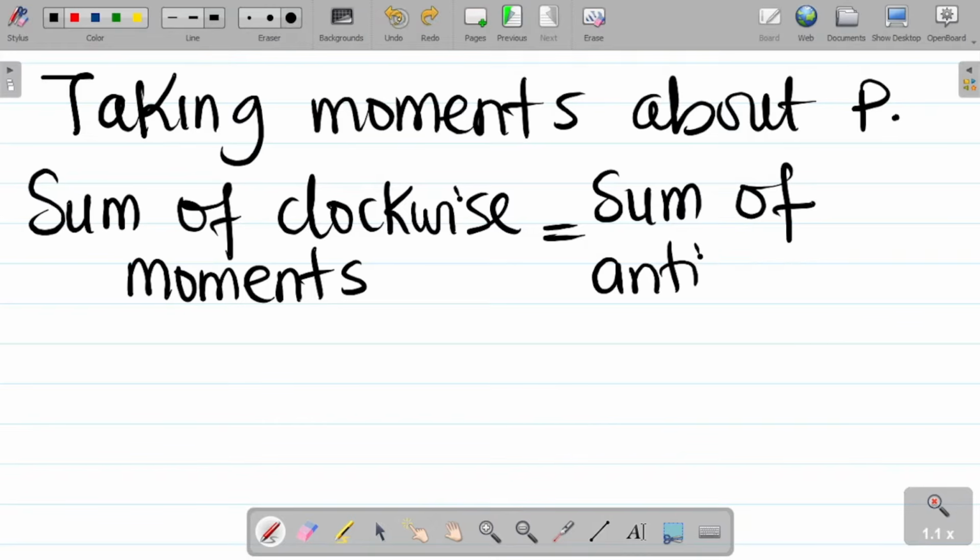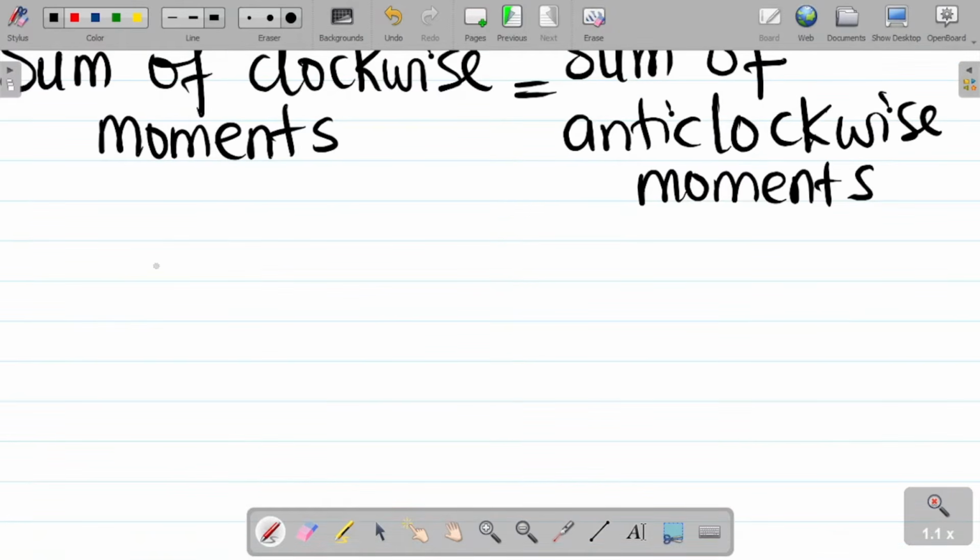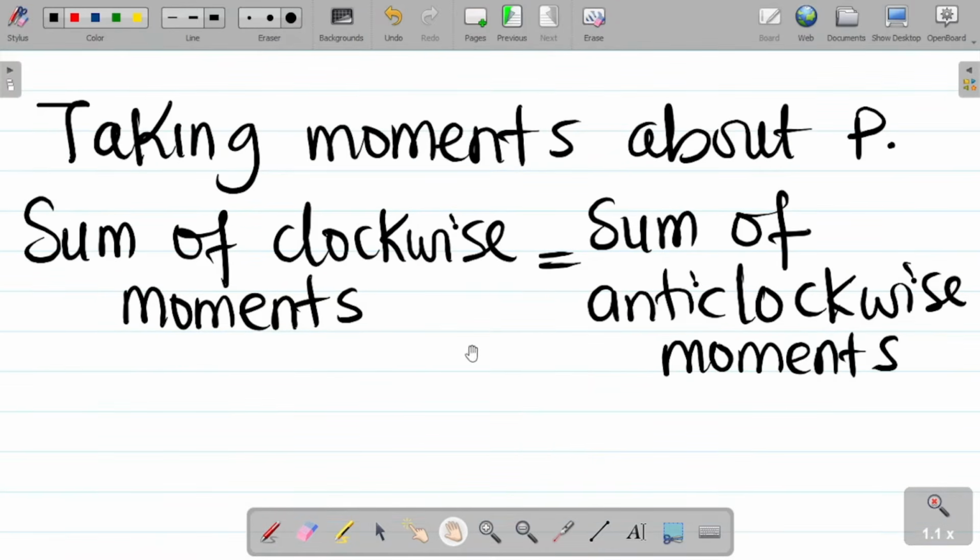This is like clock, please. Clockwise moments. All right. So with this, we'd have that the sum of the clockwise moments is equal to the sum of the anti-clockwise moments. All right.